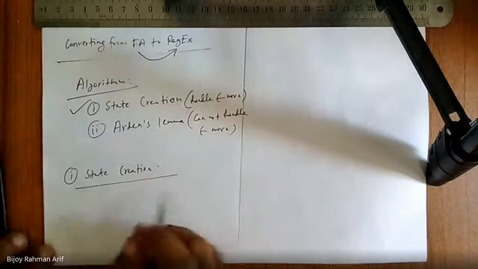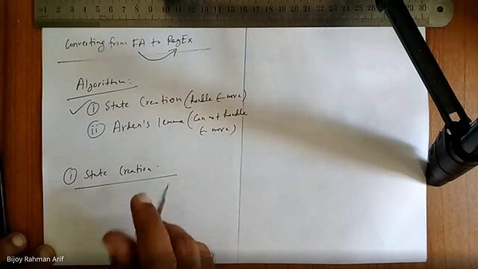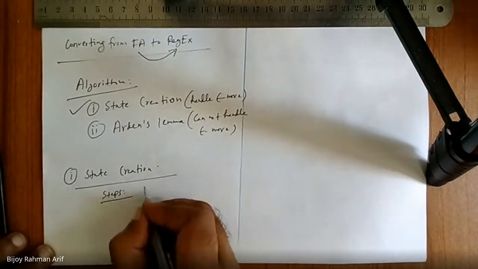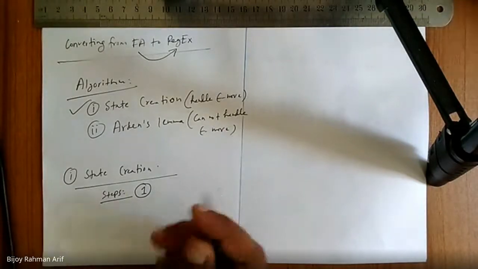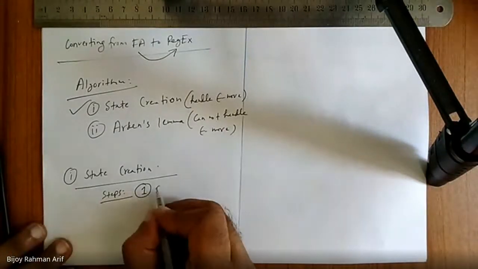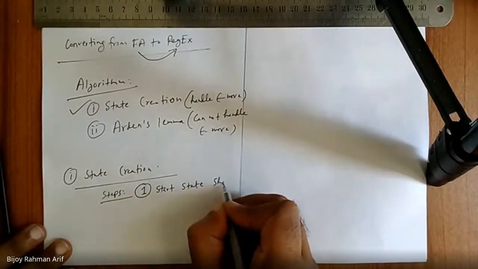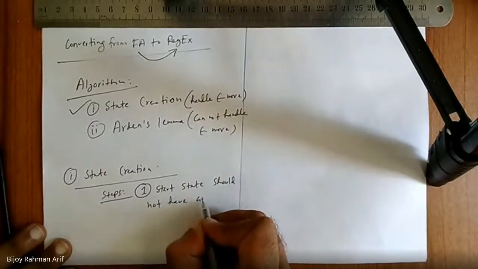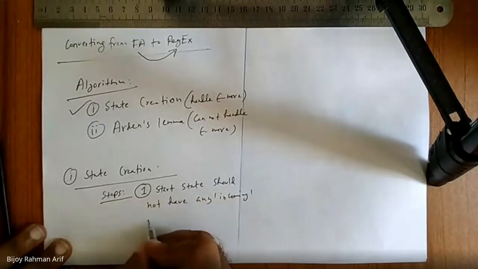Finite automata to regex. So take state creation. So steps. Number 1: start state should not have any incoming edge.